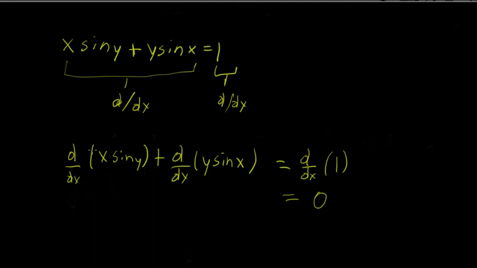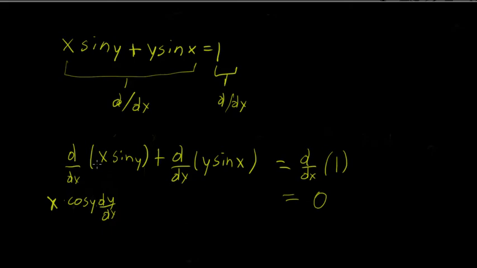Okay, now focusing our attention on this first term, x sine y, if we want to differentiate that with respect to x, we'll see we have to use the product rule, right? So that'll be the derivative of x with respect to x times sine of y, plus x times the derivative of sine of y with respect to x. So that will be x times the cosine of y dy dx. This is using the chain rule again.